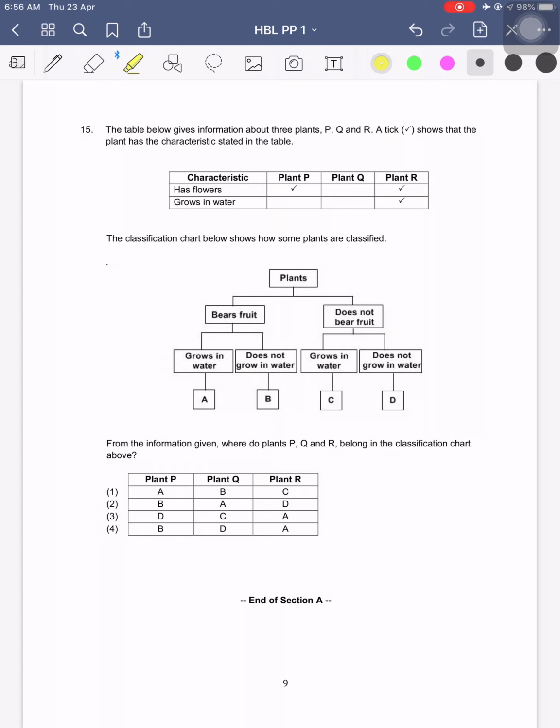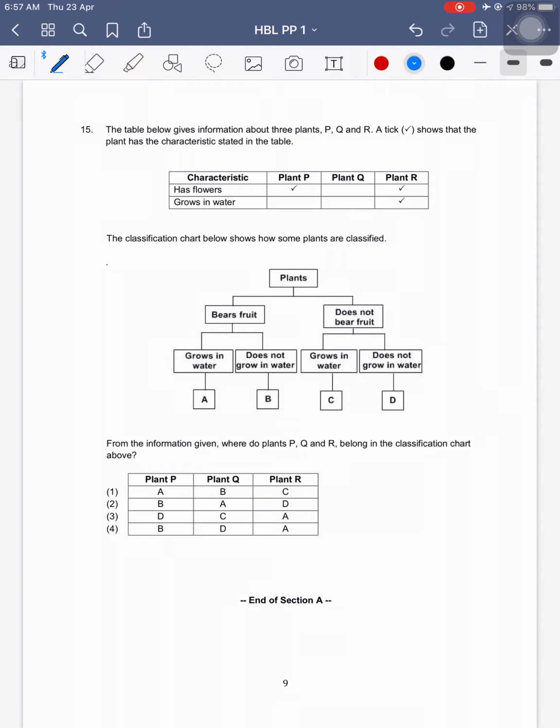Plant Q doesn't have flowers and it doesn't grow in water, so it most probably will grow on land. Plant R has flowers and plant R grows in water. So the chart below shows how plants are classified. From the information given, where do plants P, Q, and R belong in the classification chart?